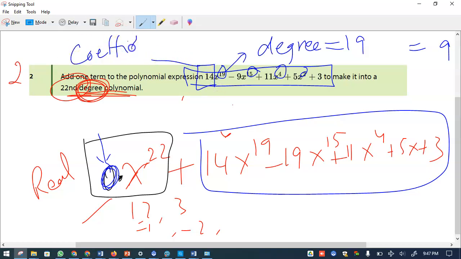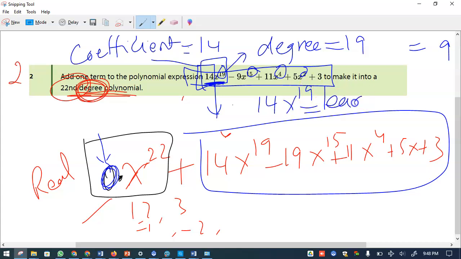The term that has the highest exponent, 14x raised to 19, has a name and it's called the leading term. Why is it called a leading term? Because it has the highest exponent, which is 19 here.